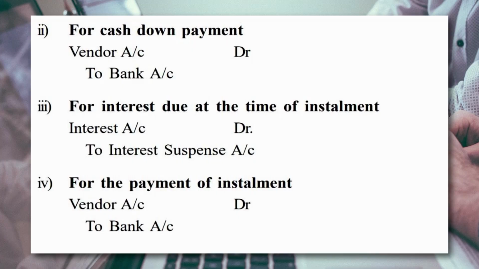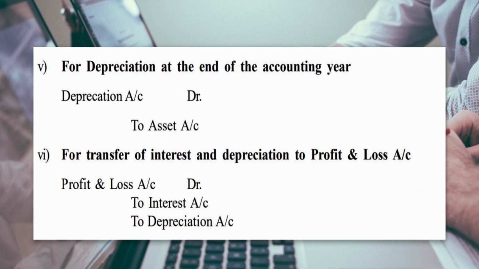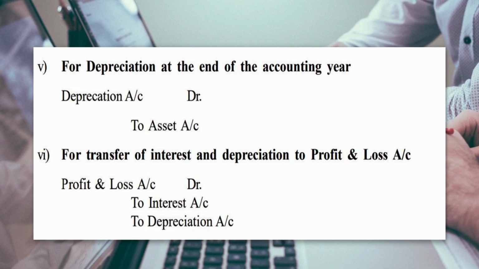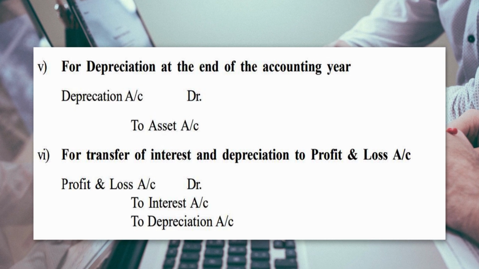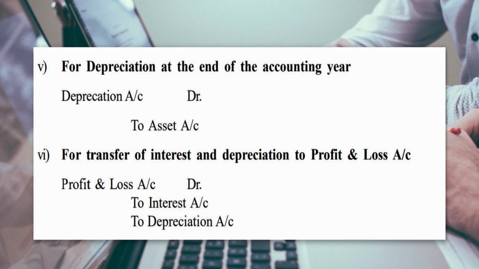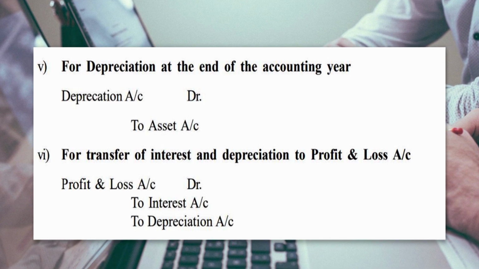Then the third one is for the payment of installment. So very simple, the same journal entry as we have made in case of cash down payment, vendor account debit to bank, will be made. Fifth one is for depreciation at the end of the year. So again friends, as I have told you, depreciation is an expense or loss for the business, for the buyer.